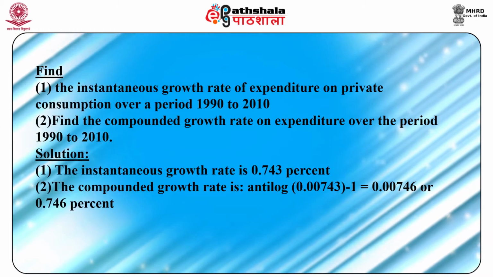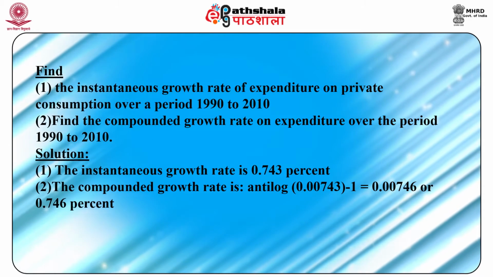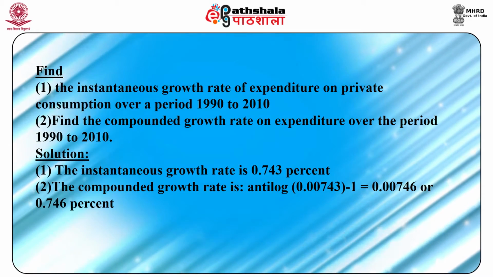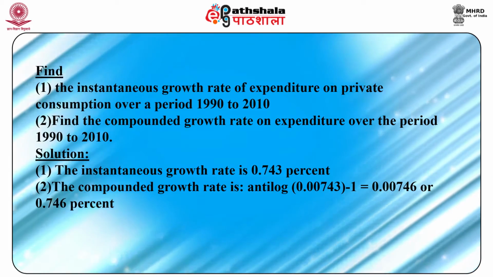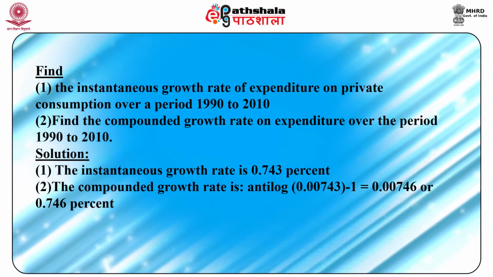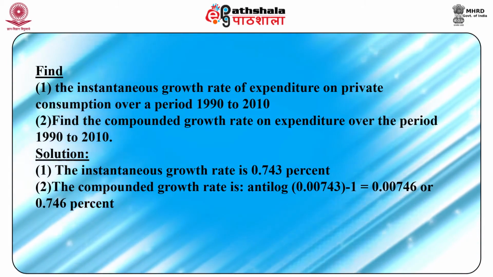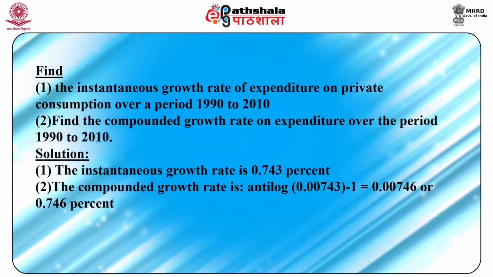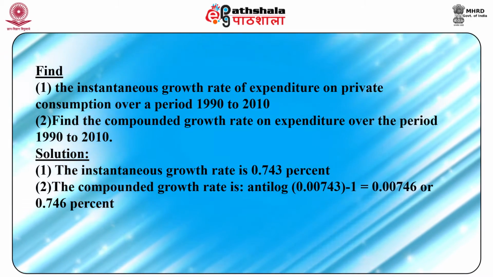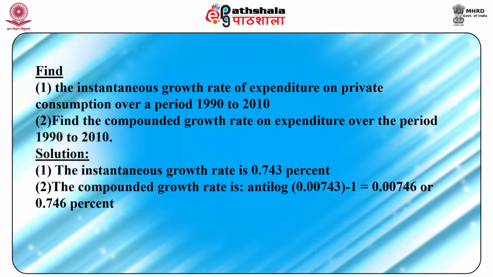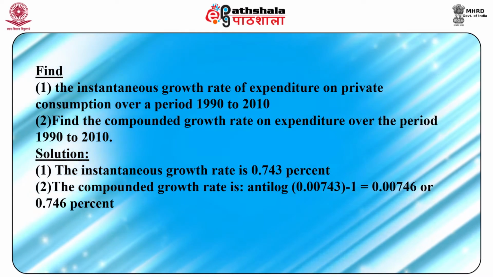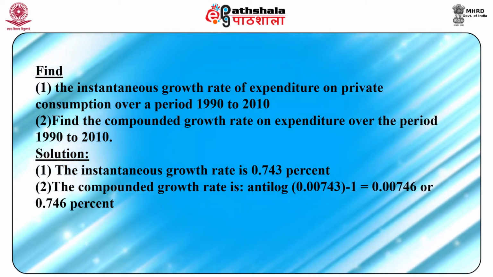Now, find the instantaneous growth rate of expenditure on private consumption over the period 1990 to 2010. This is an exercise which you can do. Also, we can find the compound growth rate on expenditure over the period 1990 to 2010. Let's look at the solutions.